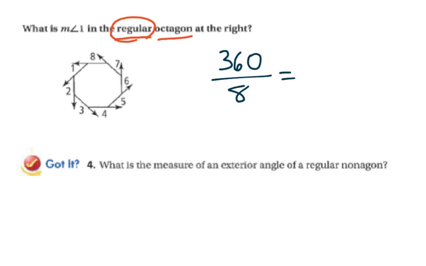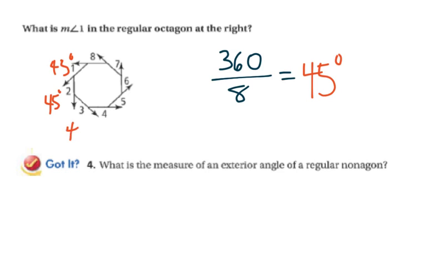And 360 divided by 8 is 45 degrees. So here's what I know. I know that angle 1 is 45 degrees, and so is angle 2, and 3, and 4, and so forth, all the way around. And I only know that because they told me it's a regular octagon. Otherwise, I don't know that, and I cannot do this work.